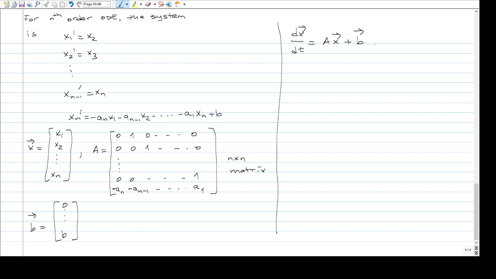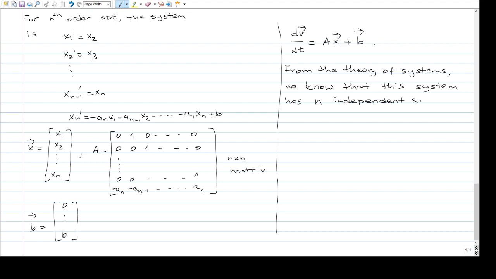All right. Now, from the theory of systems, we know that this system has n independent solutions.